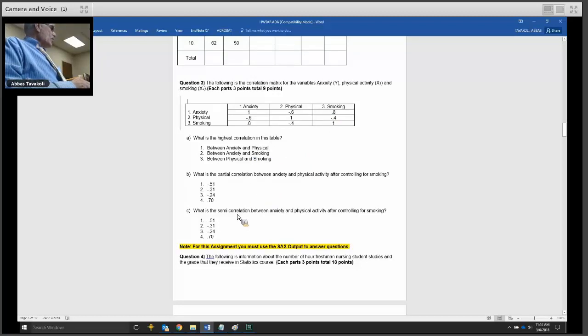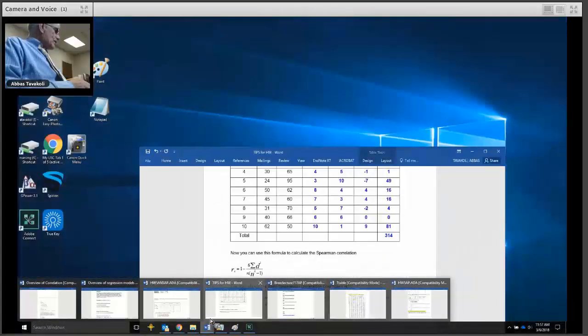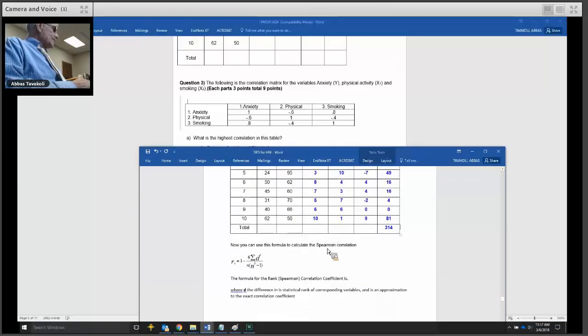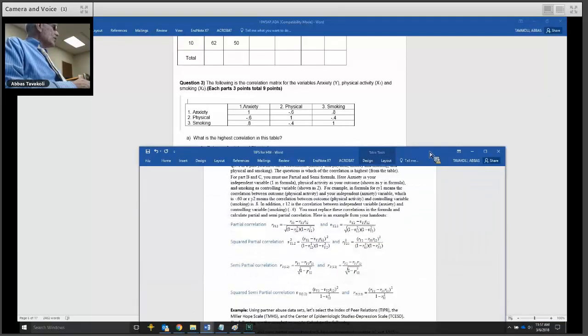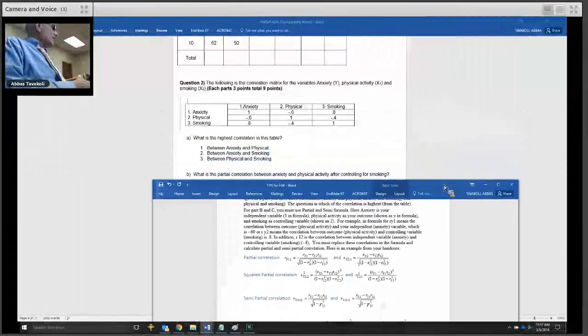And then the partial or semi-partial correlation. Again, looking at your tips or handout, you want to use the formula for those correlations. Remember, basically you're replacing. Here anxiety is y, and 1 is your physical activity. We put the notation X1 as 1 to make it a shorter notation.